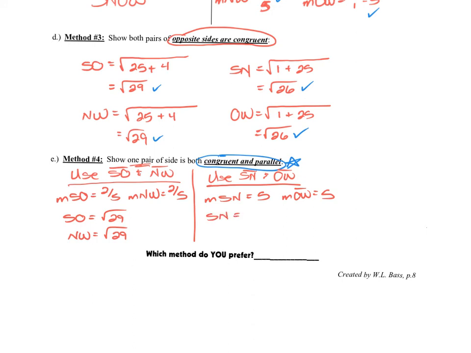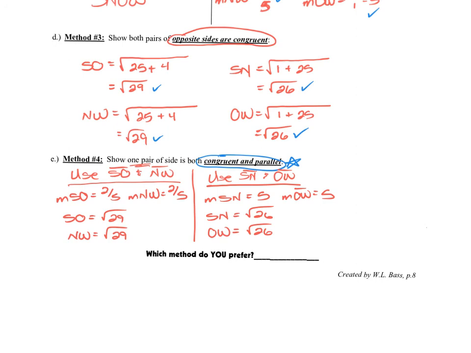As we did up above, we got it to be a square root of 26, and you would do the length of OW. So this method, again, if you were doing these sides, you would do 4 computations. They would all be working with the same sides. So the only method that doesn't require 4 separate calculations is the midpoint formula, even though that one kind of still requires 4 because you have to do all the x's and all the y's.